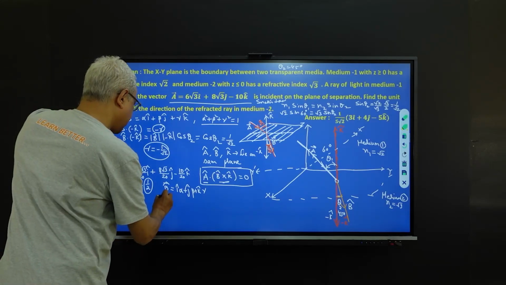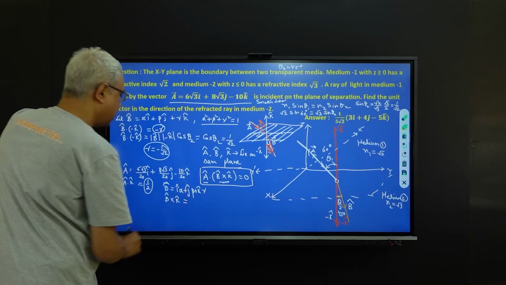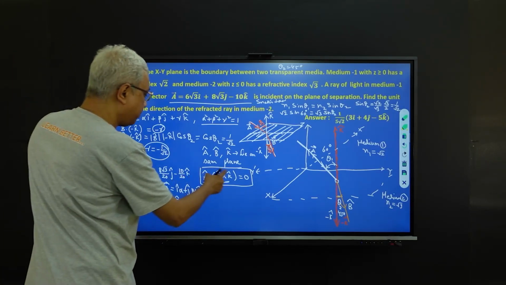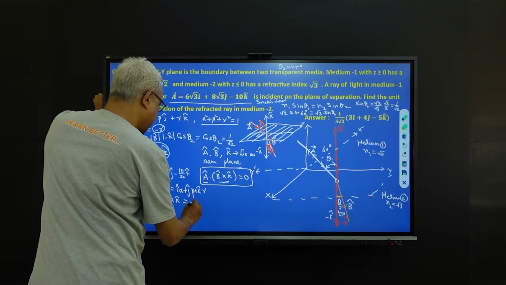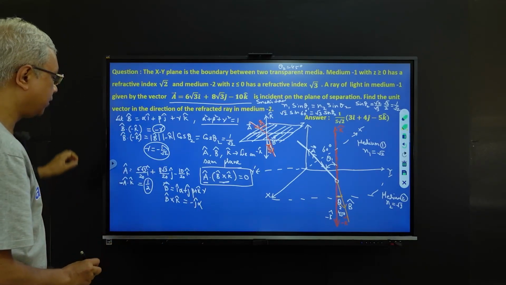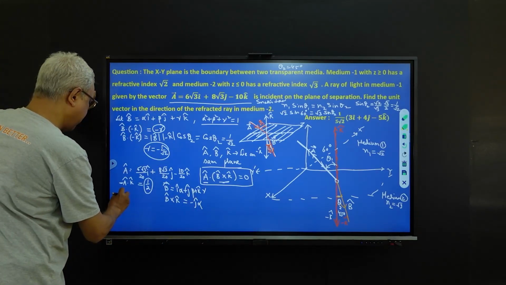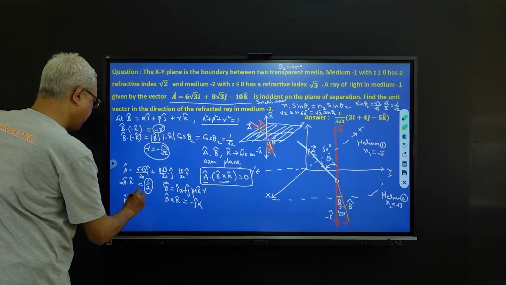So b cap cross k cap is i cap cross k cap, which is minus j cap alpha, because k cap cross i cap is j cap.